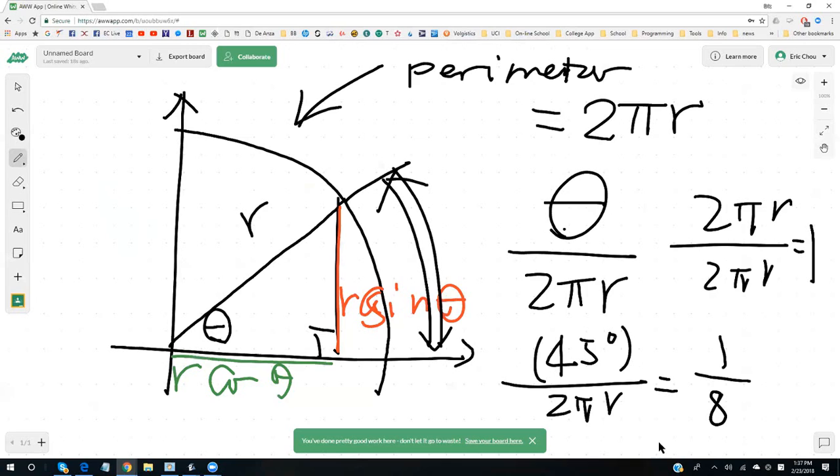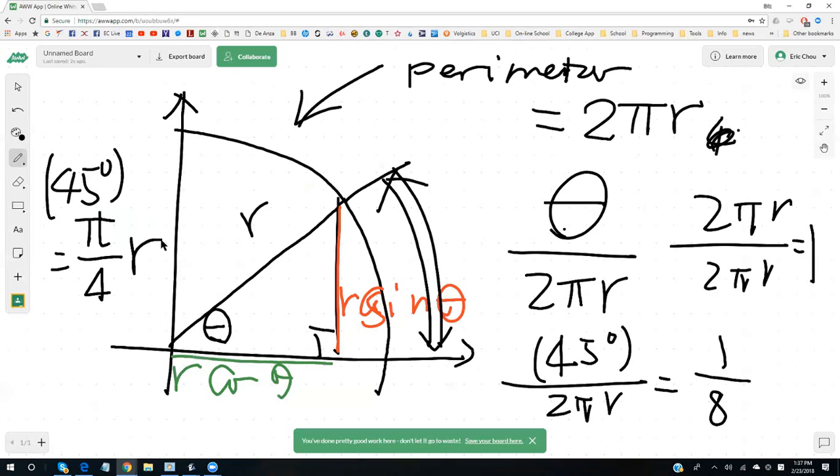So this 45 degrees, I'm sorry, this 45 degrees with parentheses should be 1/4 pi times r. So when r equals 1, this 45 degrees is actually pi over 4. Okay? Let me take a picture of this.